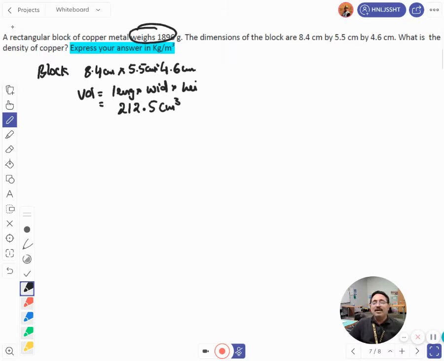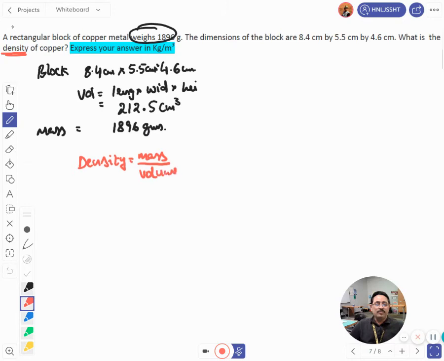Next, mass is given as 1896 grams. The question is, what is the density? As you know, density equals mass per volume. So, you know what to do. The mass is to be plugged in here, and the volume is to be plugged in here.